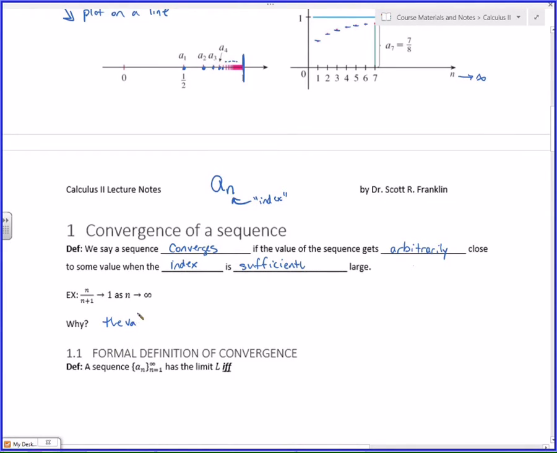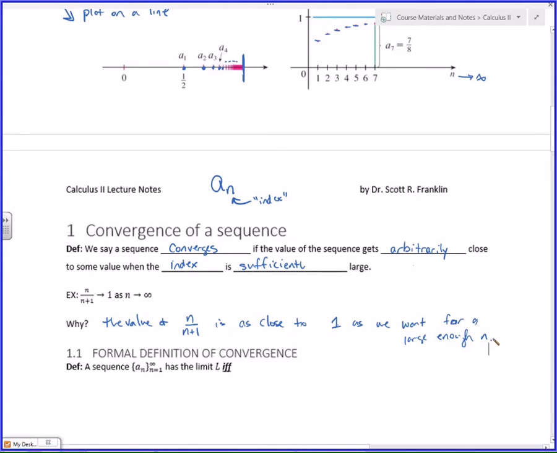The value of n over n plus 1 is as close to 1 as we want for a large enough n.